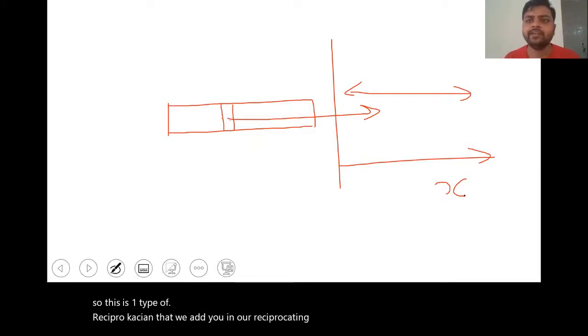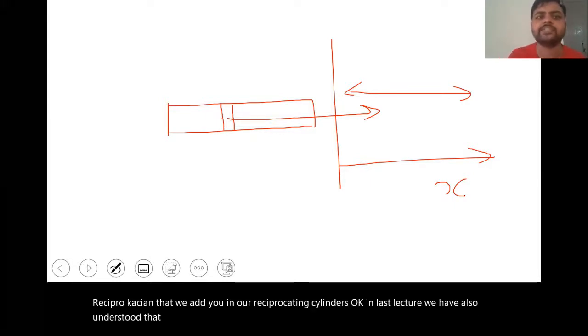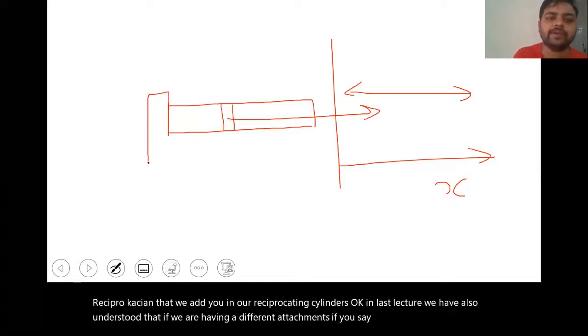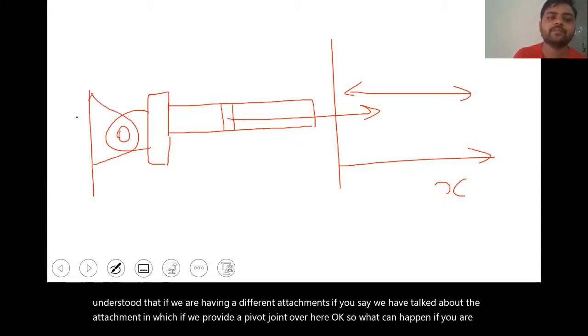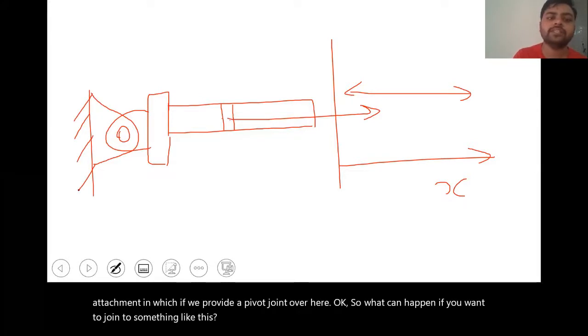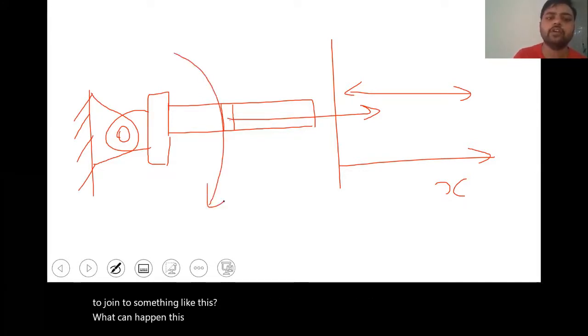In the last lecture we also understood that if we have different attachments, for example if we provide a pivot joint over here, what can happen? This cylinder can also evolve around the pivot, right? So it can have rotary motion.